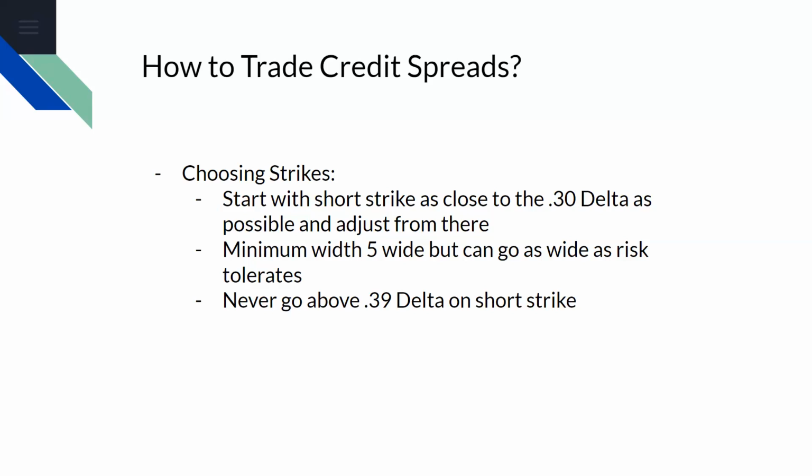And per my rules, I will never go above a 39 delta on my short strike. It's getting too close to the money for me. And the only time I will do a 39 delta is if I absolutely am in love with the setup. It has to meet every single aspect of the criteria perfectly in order for me to even consider a 39 delta. Otherwise, I try to stay as close to 30 as possible.